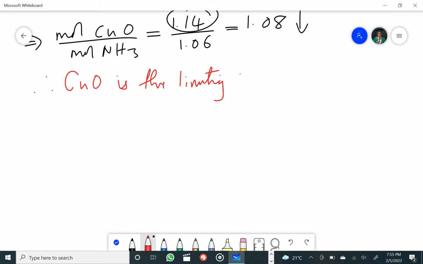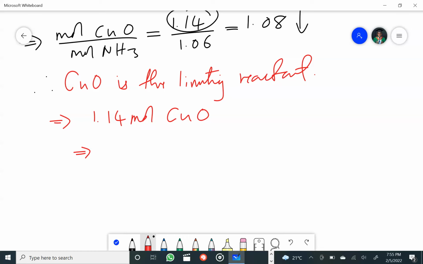Then what do we know? The moles of the copper 2 oxide is 1.14. These are the moles that we are going to use. So let's now figure out the mole ratio of the balanced equation between the copper 2 oxide and the nitrogen. We figure out that it's actually 3 moles.